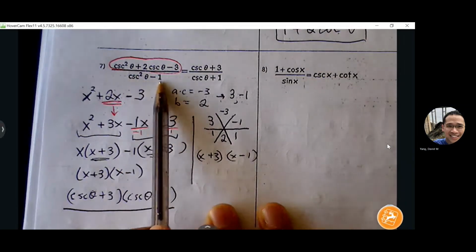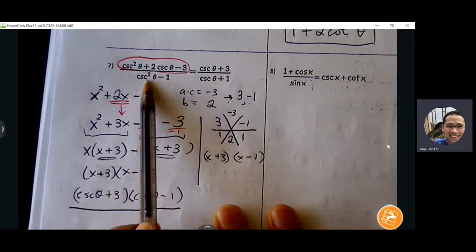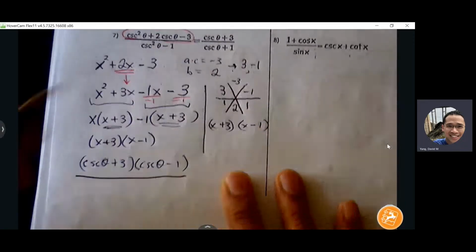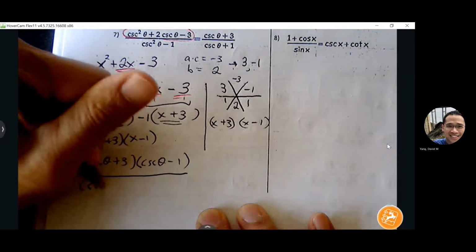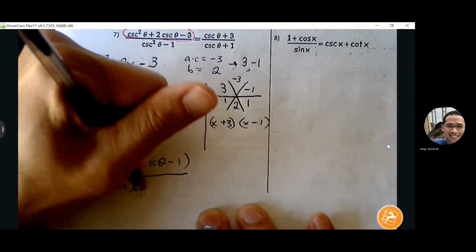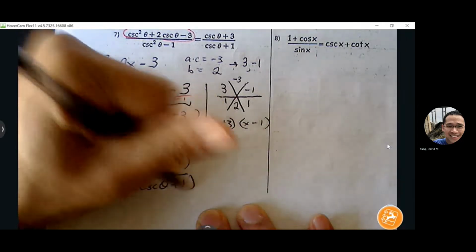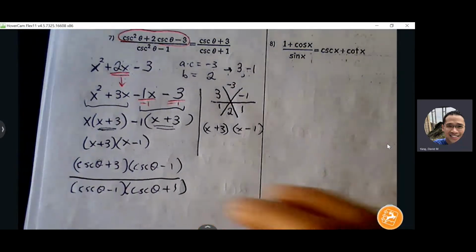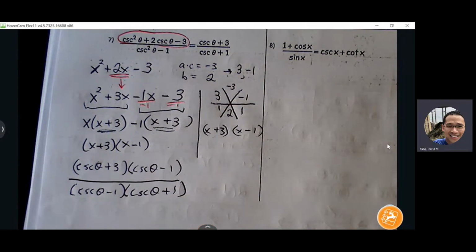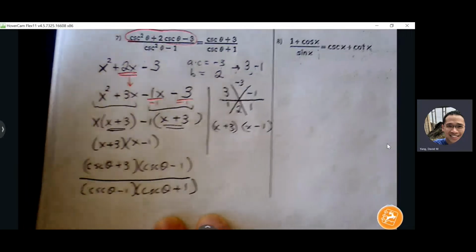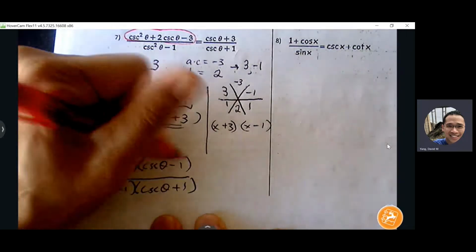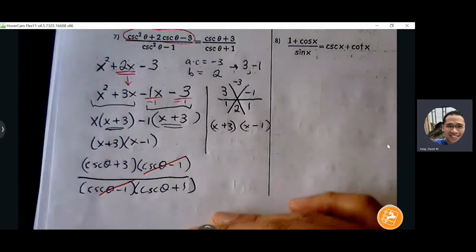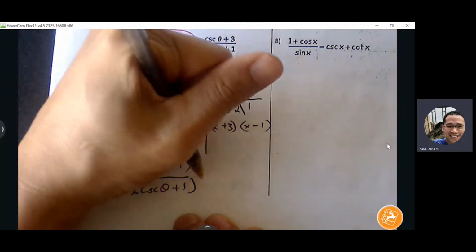Difference of squares, right? So cosecant theta minus 1, cosecant theta plus 1. Okay, so basically, I factored the numerator and denominator. I found some common parentheses that I can remove. And my resulting expression is the right side.